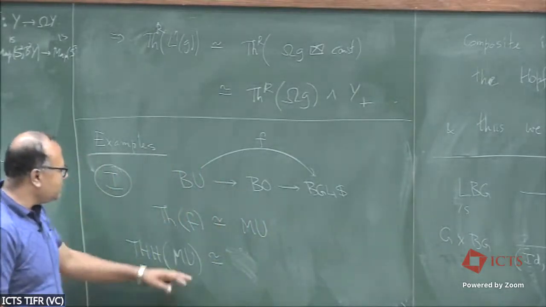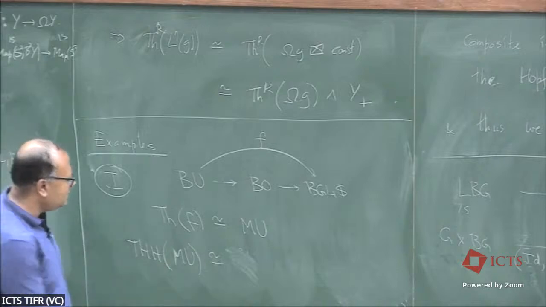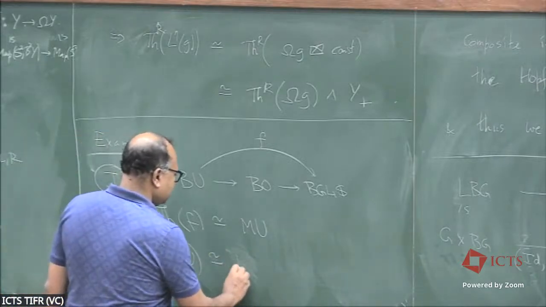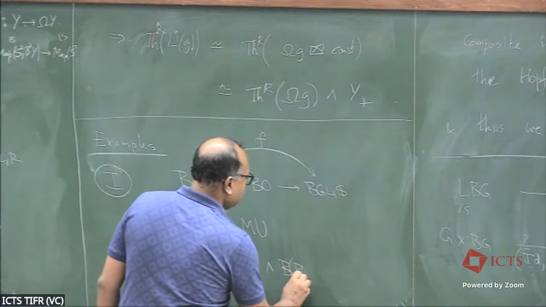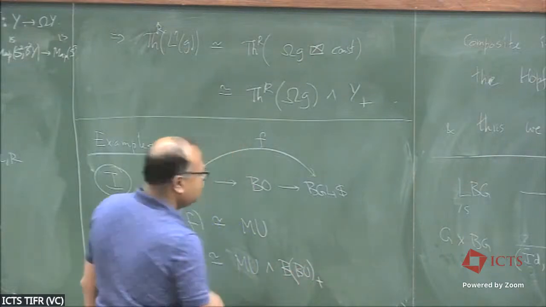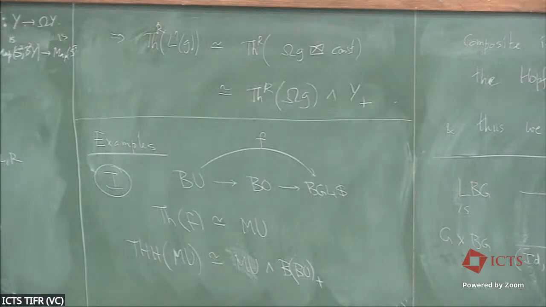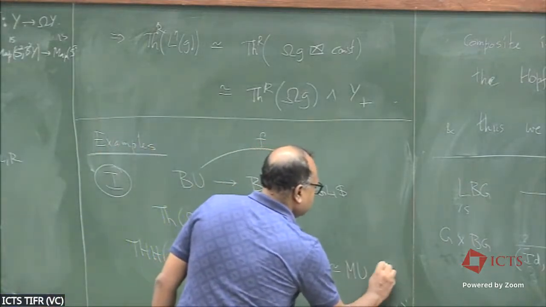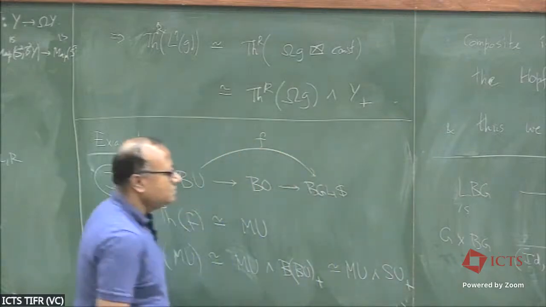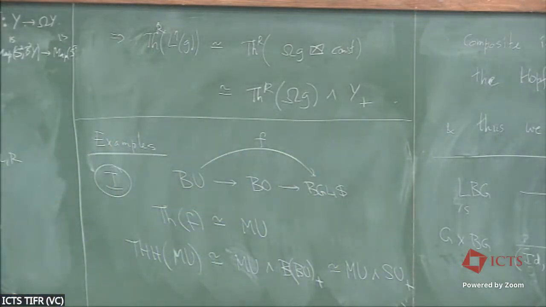What will the special case 2 say? This will say that this is MU smash B of BU plus, but B of BU plus is nothing but SU, the direct limit of the SUNs.